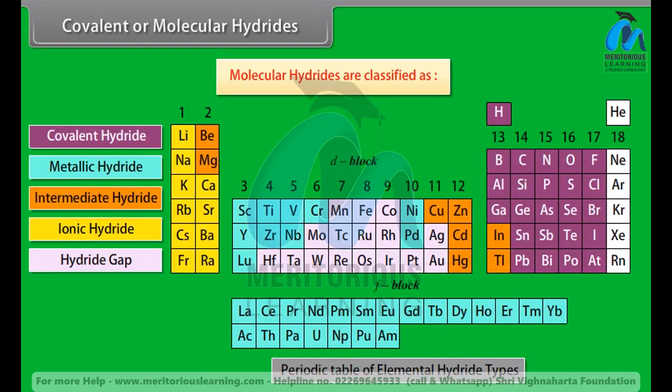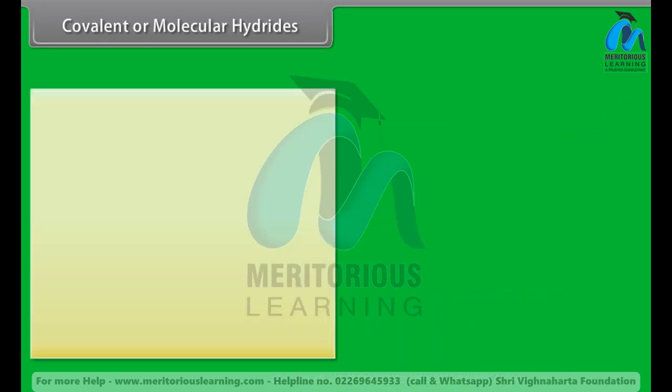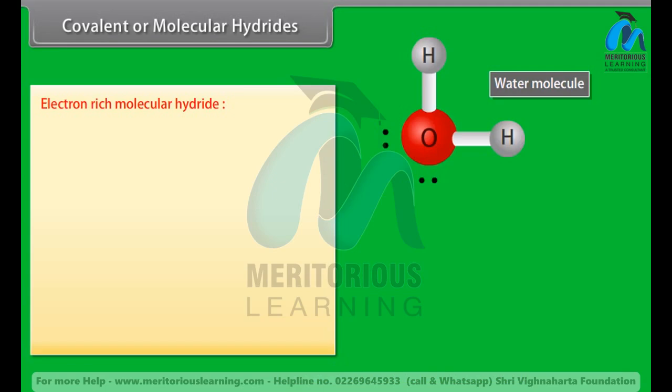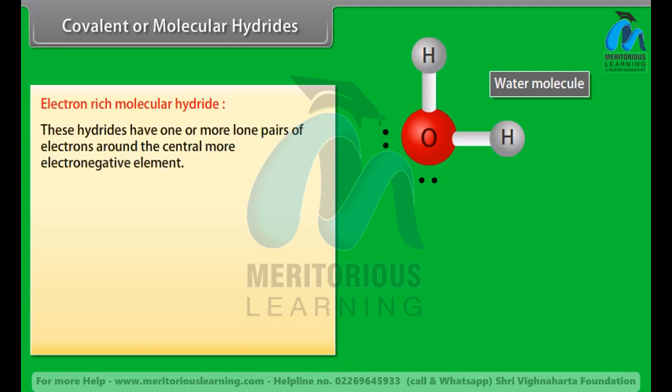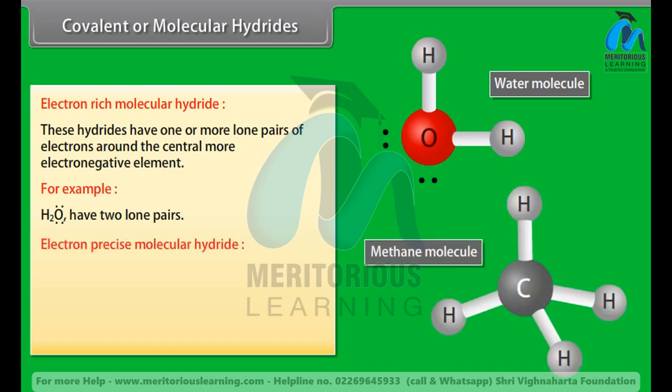Molecular hydrides are classified as electron-rich molecular hydrides. These hydrides have one or more lone pairs of electrons around the central, more electronegative element. For example, water has 2 lone pairs. Electron-precise molecular hydrides have the required number of electrons for the Lewis structure.